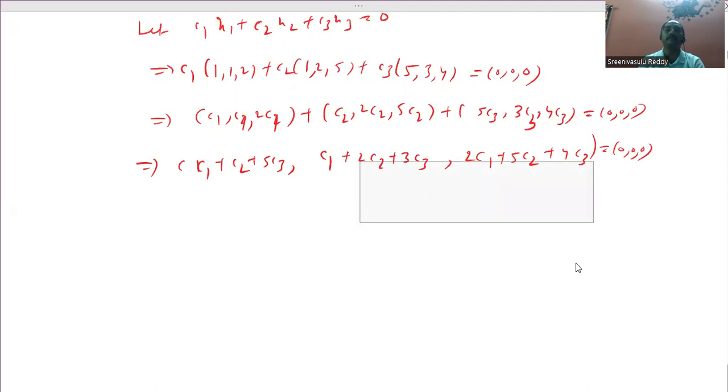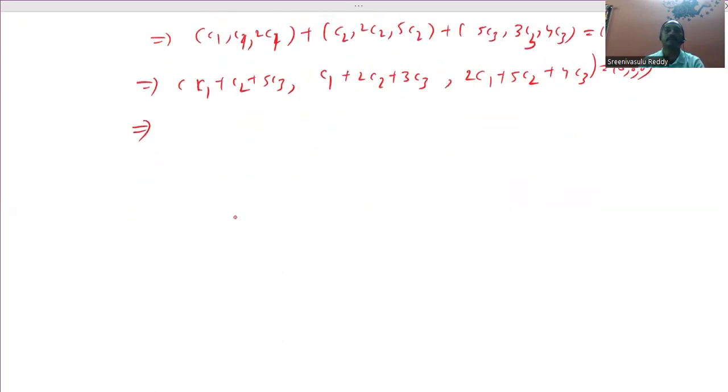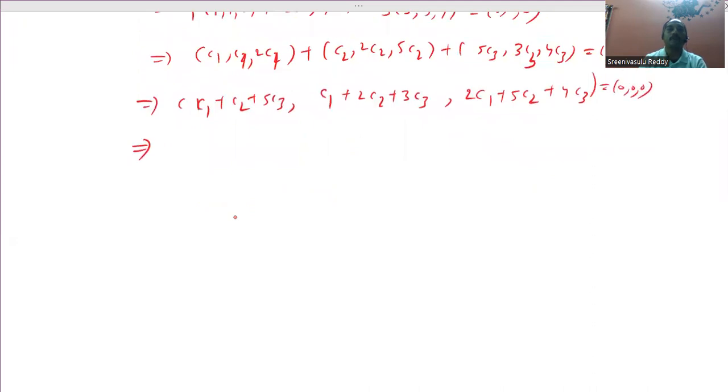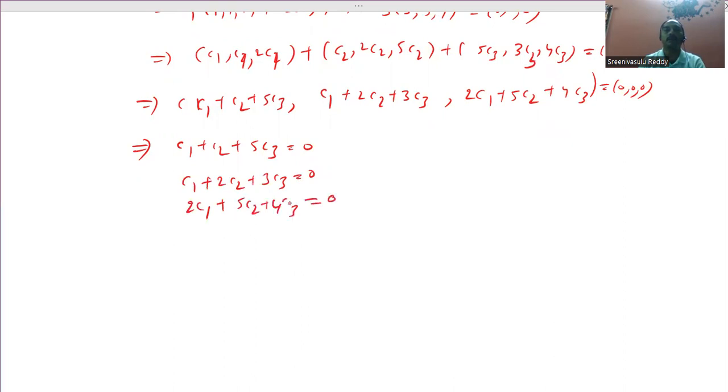Find first component 0, second component 0, third component 4C3 equal to 0.